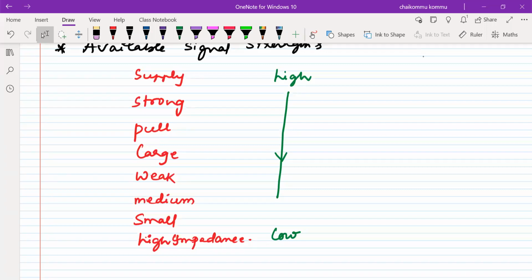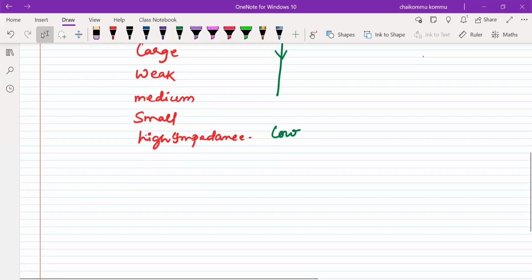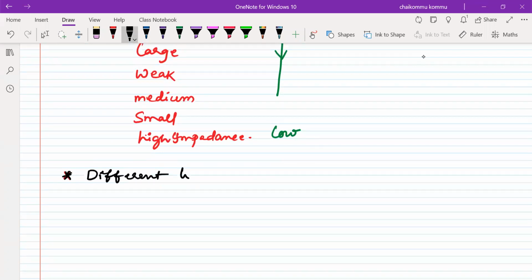Now let us consider the types of strengths. Among all these, we have to differentiate them by their type. There are three types of strengths.